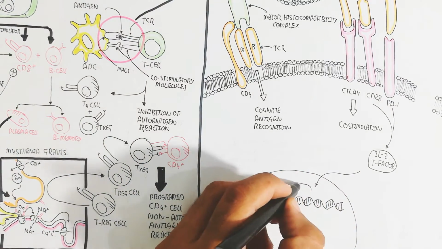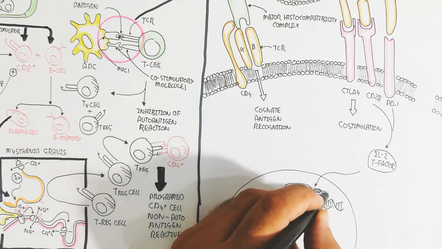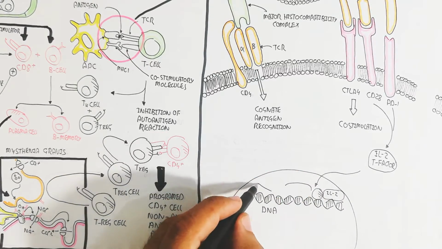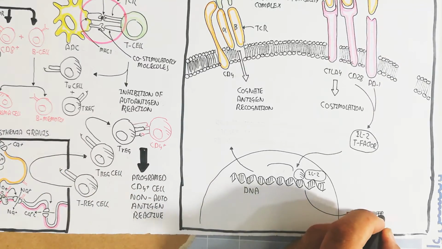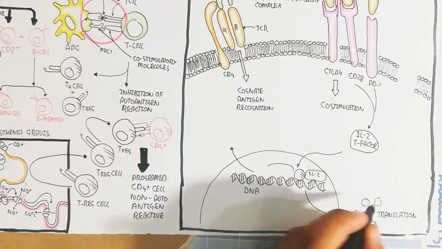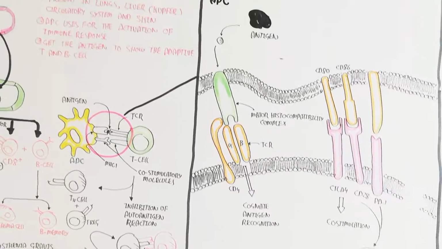This interleukin 2 will bind to other cells and recruit other B cells as well as CD4 and other macrophages for the innate immune response.